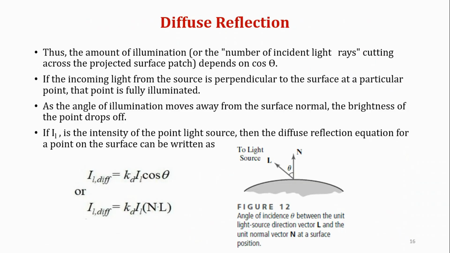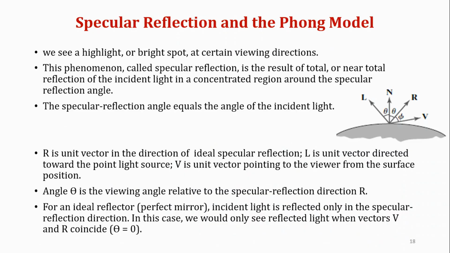Next is specular reflection and the Phong model. When we see a bright spot, that is specular reflection. Diffuse reflection alone can't produce shiny light. Sometimes we need a mirror-like reflection, and for that the Phong reflection model is used.